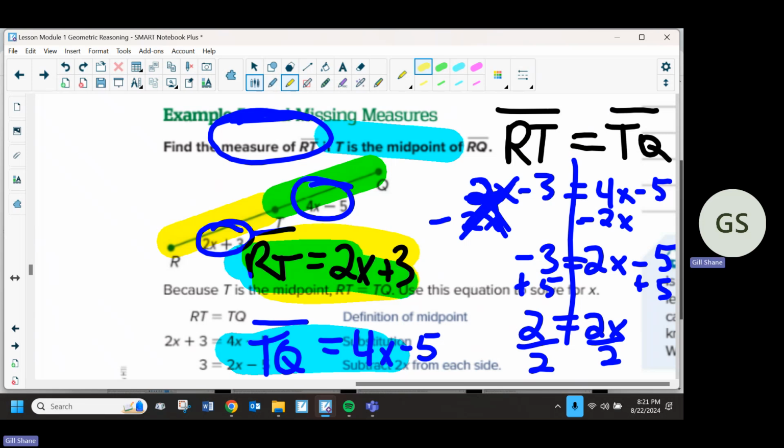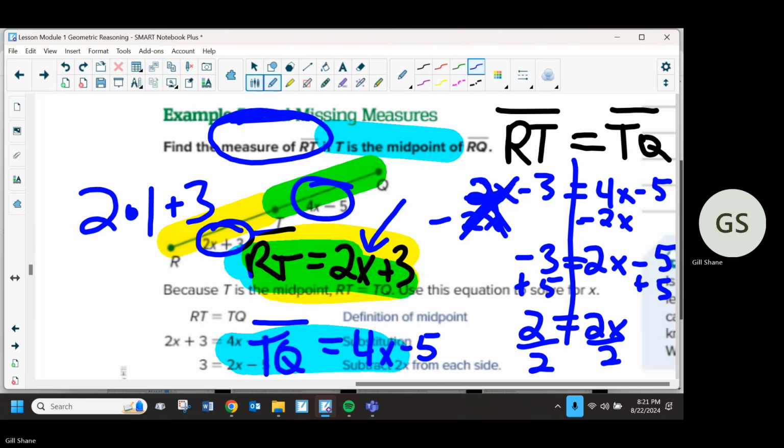So if I know x is 1, I just say 2 times 1, that's what x is, plus 3. I plugged in 1 for x, and I get 5. So the measure of RT is 5. 2 times 1 is 2, plus 3 is 5.